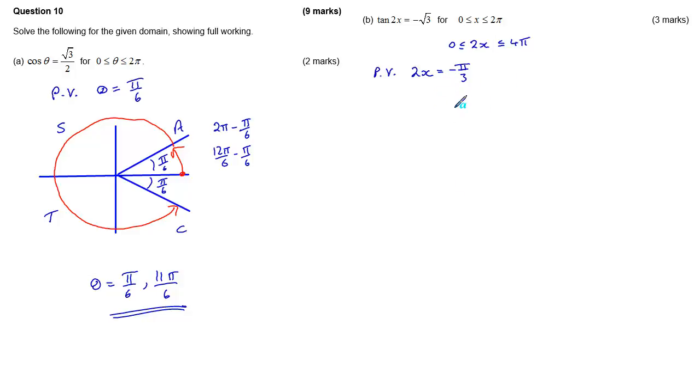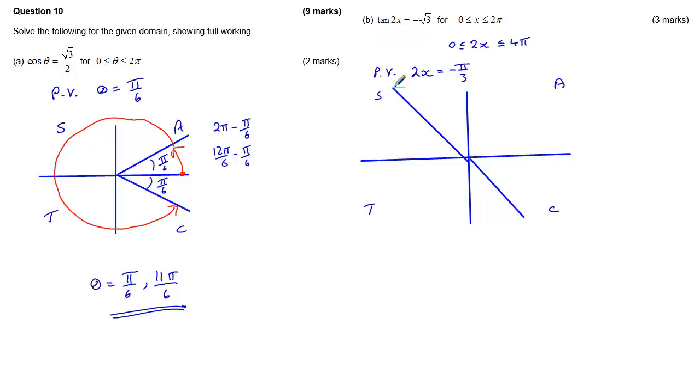Now let's look at a cast diagram. So we have A, S, T, C, and negative pi by 3 is here, and it's a tangent which is negative, so the other one must be up here in the S quadrant.